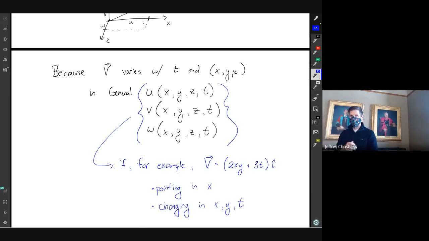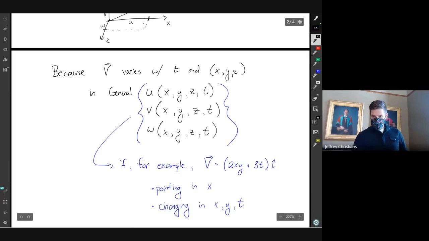Okay, just for one example. And we're going to have some practice with that and trying to figure out which direction we are pointing in, or maybe two directions or three directions, and which direction we are changing in.